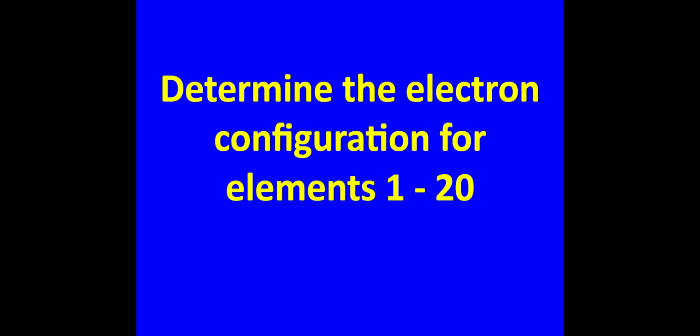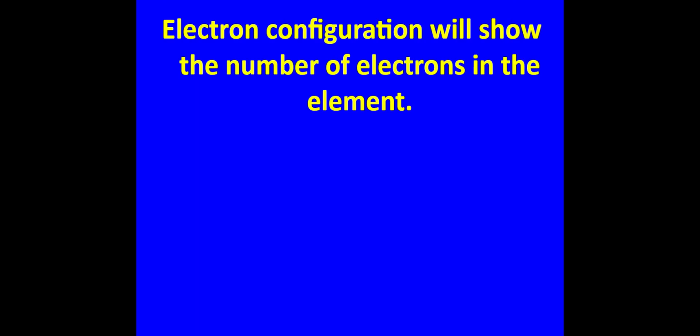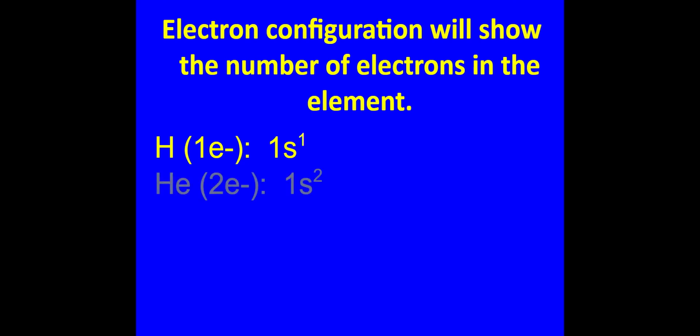Okay, so for the first 20 elements, this pattern is pretty straightforward. For hydrogen, it has 1 electron, so 1s1. Helium has 2 electrons. It has 2 protons, and it's neutral, so it has 2 electrons.